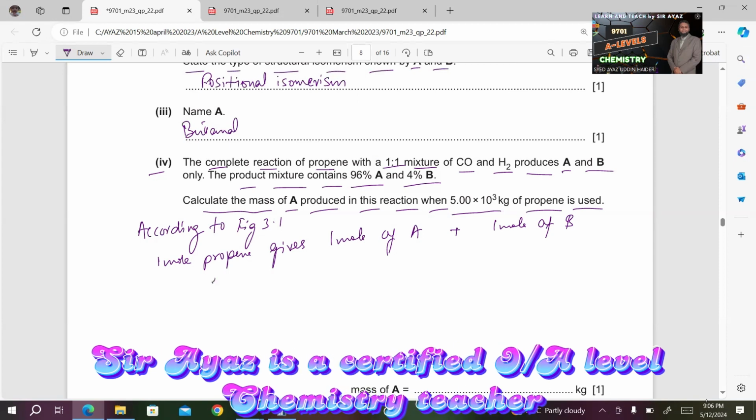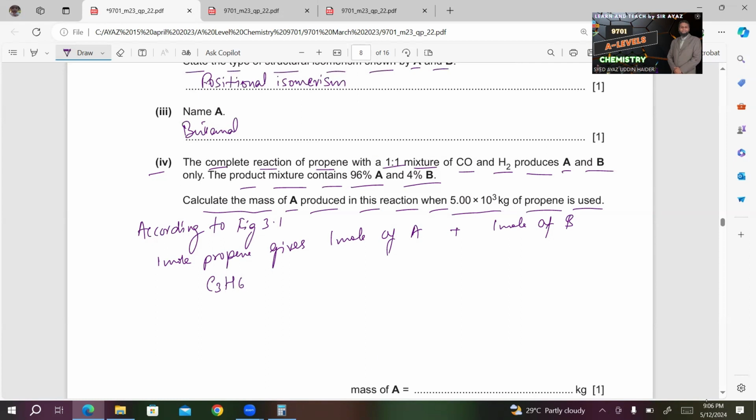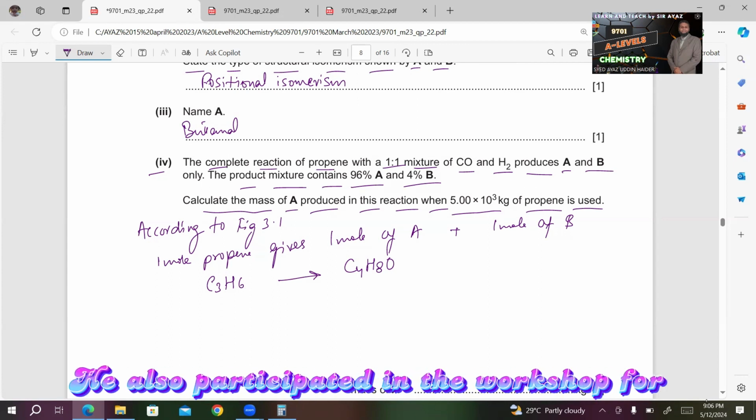It's C3H6. The product we are getting is C4H8O. No need to write the formula for other product. It also has same molecular formula.